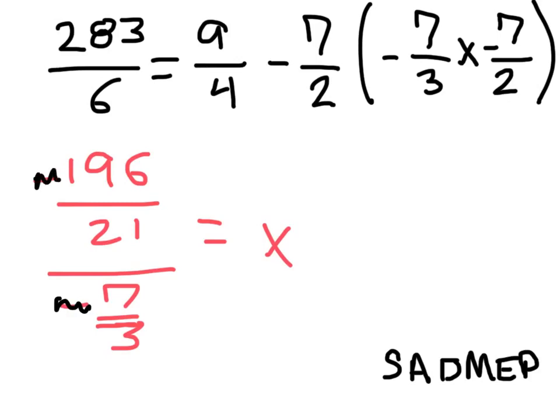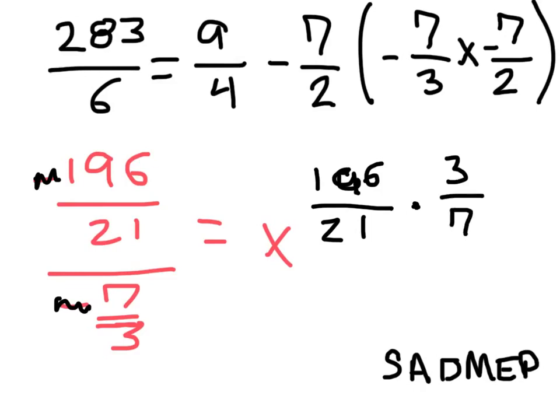Now keep in mind, for fractions, we do not divide fractions. Instead, we multiply by the reciprocal. So what we're going to do is 196, we're going to keep that as it is. And we're going to multiply, change the sign, by the reciprocal. We get that by flipping 3/7. And again, we can simplify before solving.